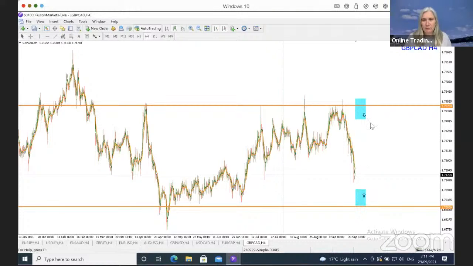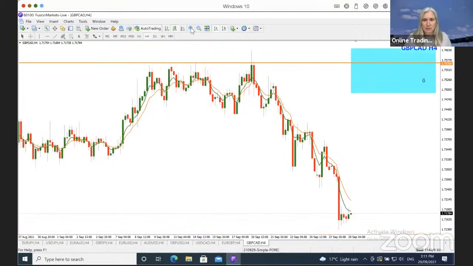Otherwise, if it bounces back off here, then waiting till it's at the top and looking for a short there. So that is a bit of a longer term setup, it's not going to be happening anytime soon.